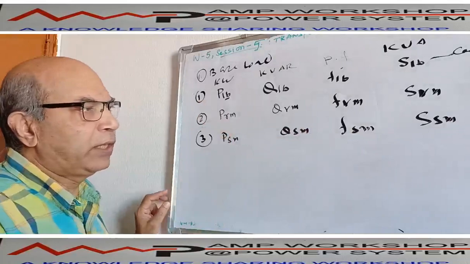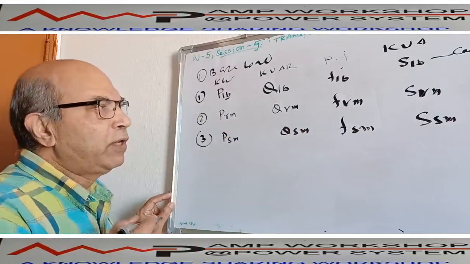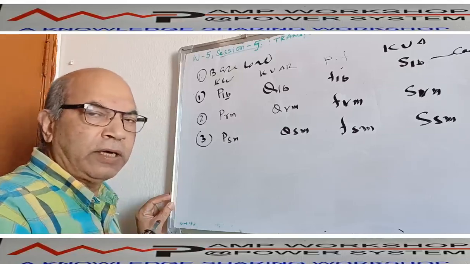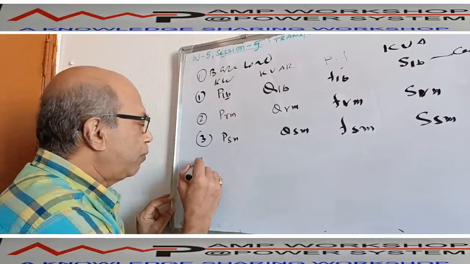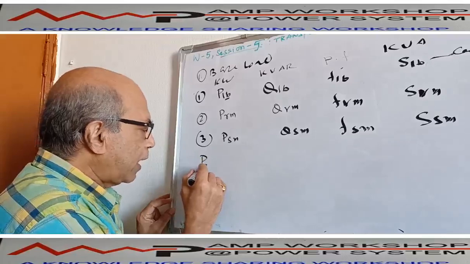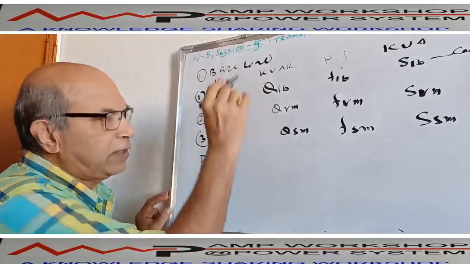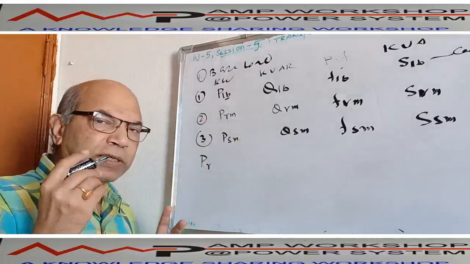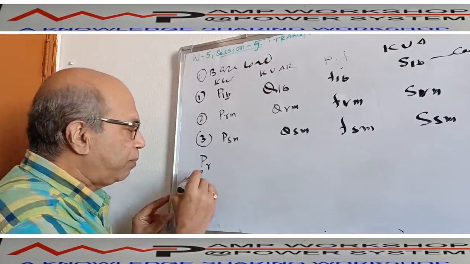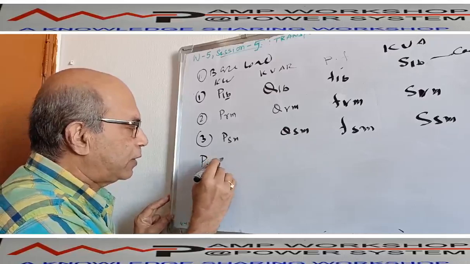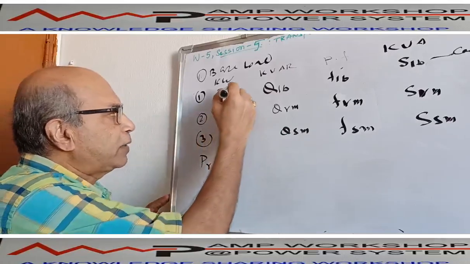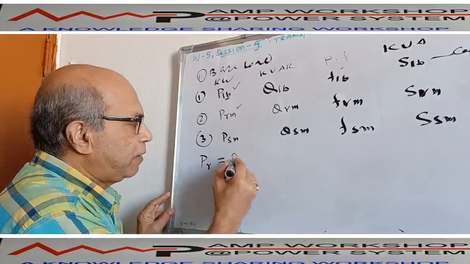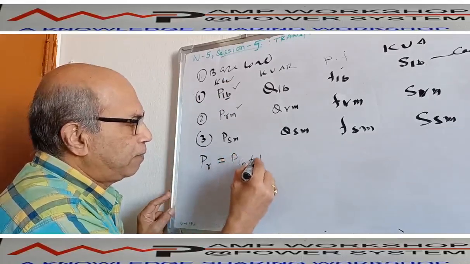Once we decide these, we can calculate the normal running condition, when the motor is running along with the base load. The running kilowatt of the system, P running, equal to PR, is the base load running plus motor running, that is P1B plus PRM.